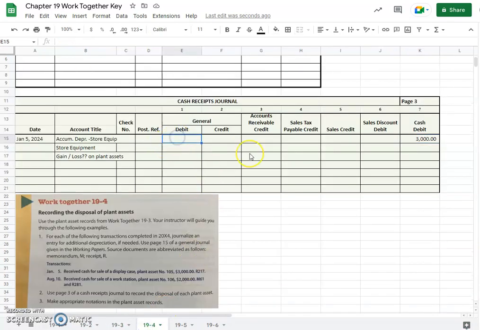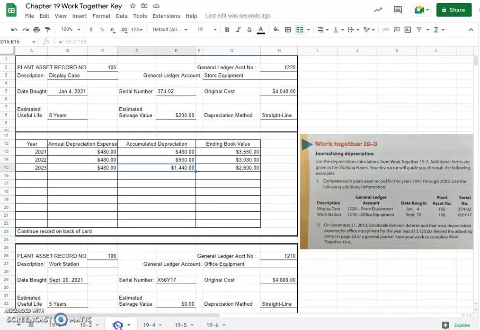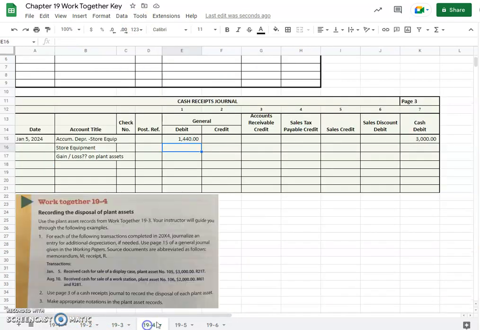So that's what we would put here, because accumulated depreciation is a credit balance. So we are going to debit it to zero that out, okay? And then how about our store equipment? The original cost of $4,040 is what we need to get rid of out of our books since we're disposing it. So we will credit for $4,040.